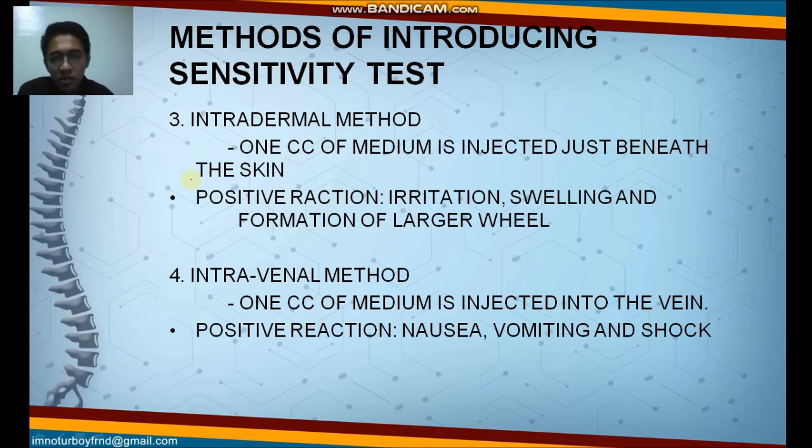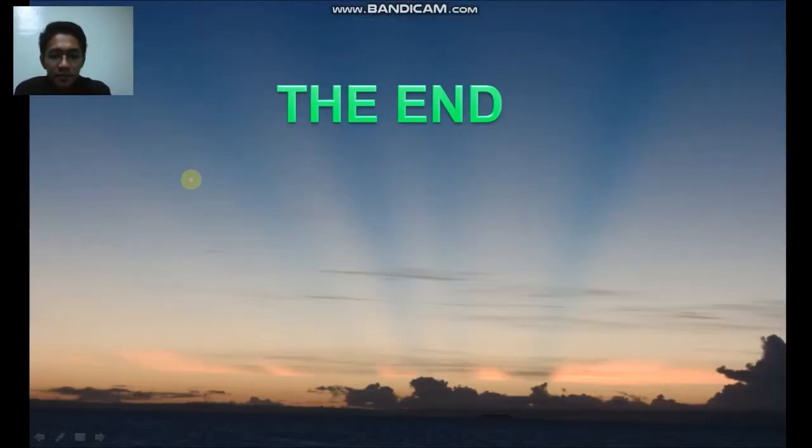Okay, positive reaction, nausea, vomiting, and then shock. Of course, shock is the worst reaction. That means, for example, cardiac arrest or respiratory arrest. So that's it.